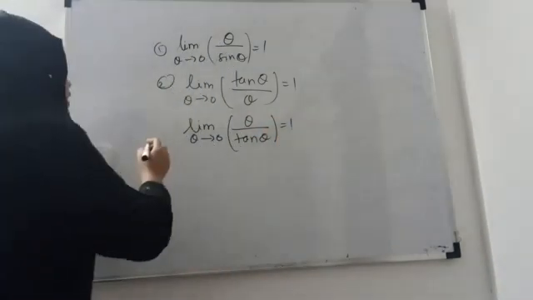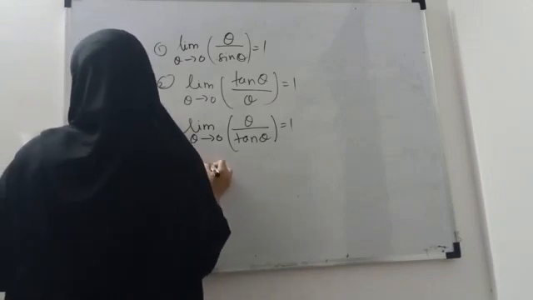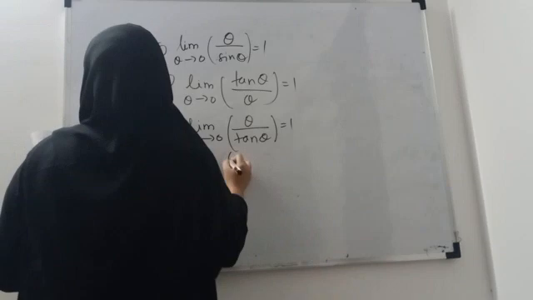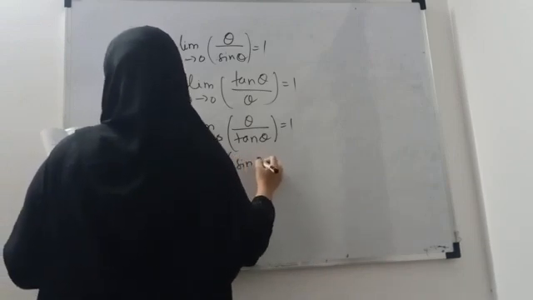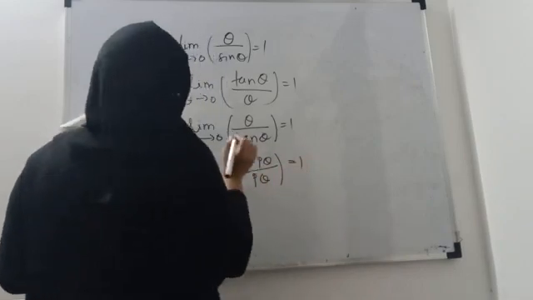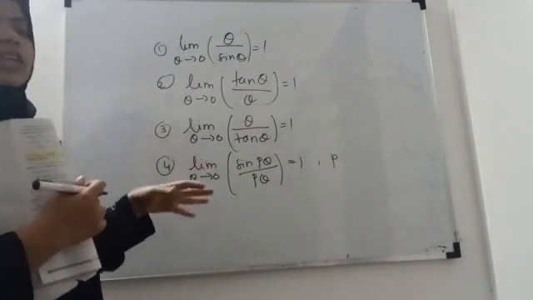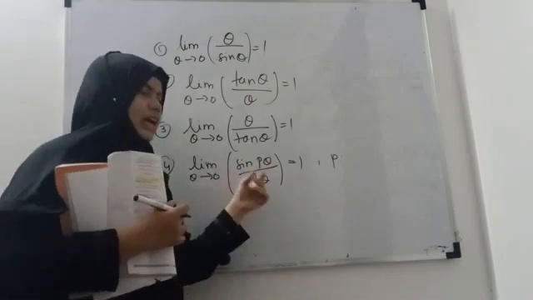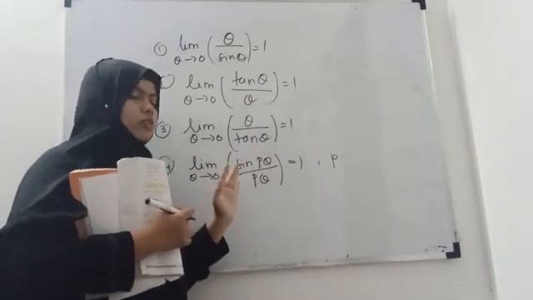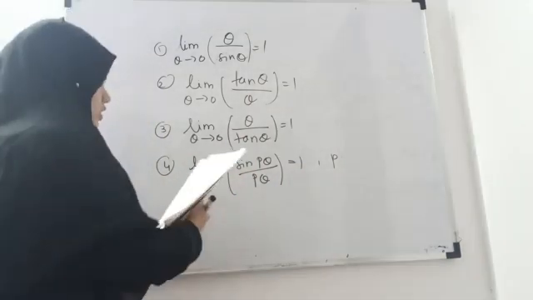Now, the next one is limit theta tends to 0, sin p theta upon p theta is equal to 1, where p is any constant. Okay. So if you have 2 theta, 5 theta, like that, then also its answer will be equal to 1, where p can be any constant.